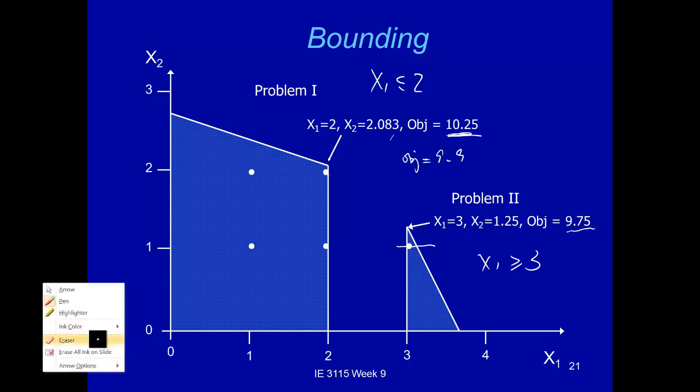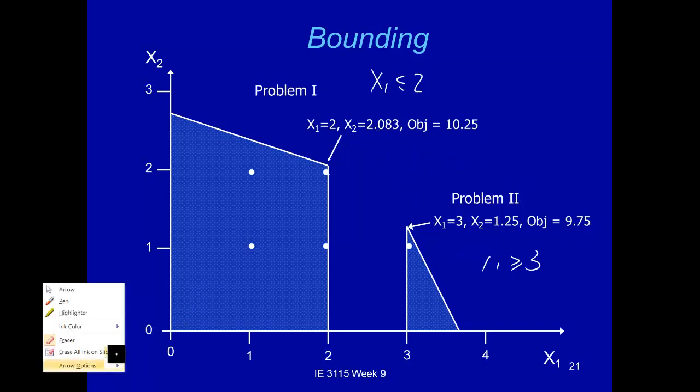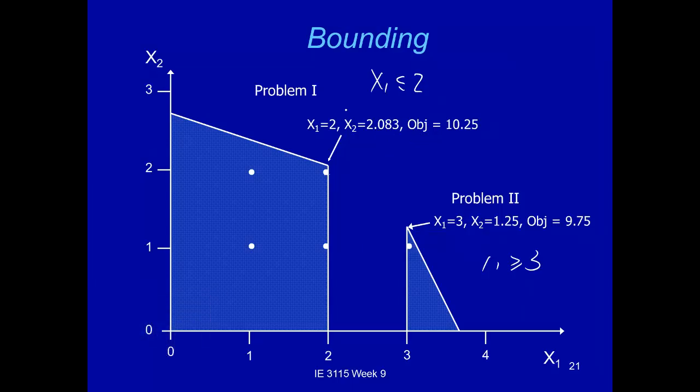Okay, but in some cases, once you continue to branch on this problem 1, your new objective function value may be lower than this one, then you will continue to branch on this third problem. Okay, so how do we branch this problem here? What do you think?